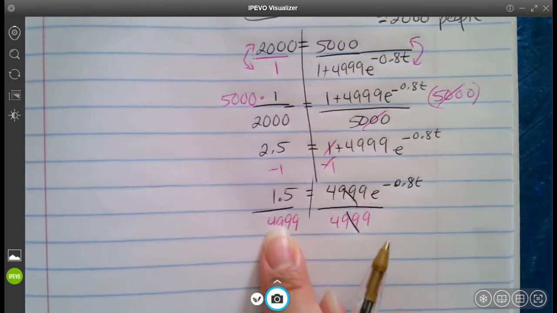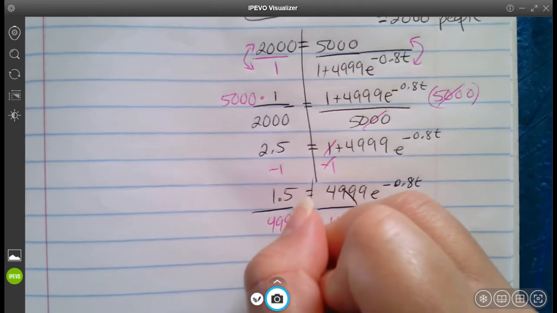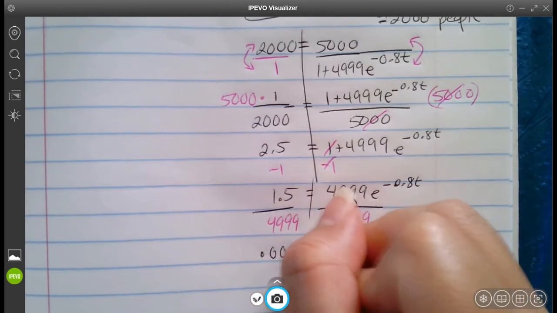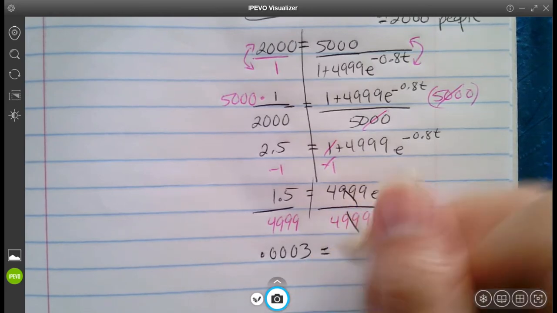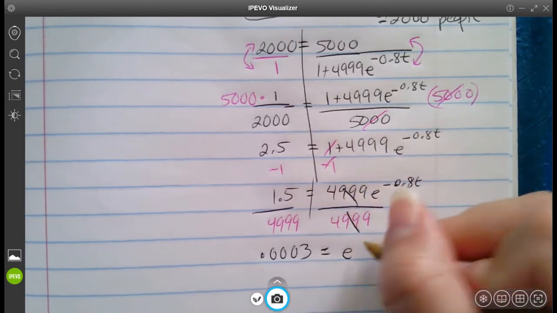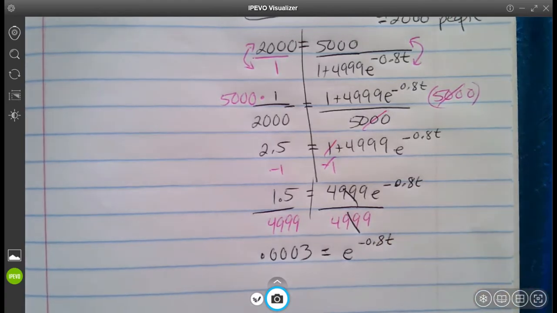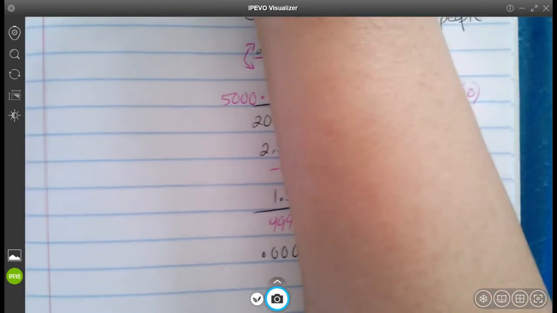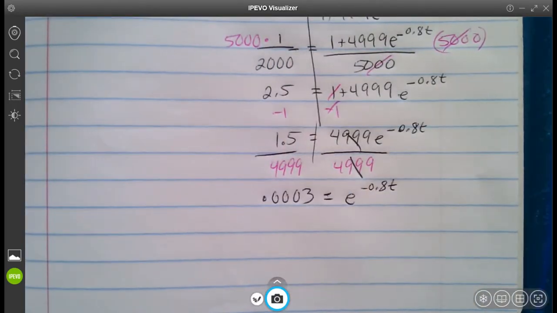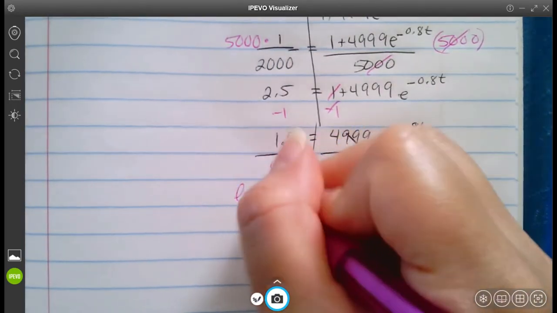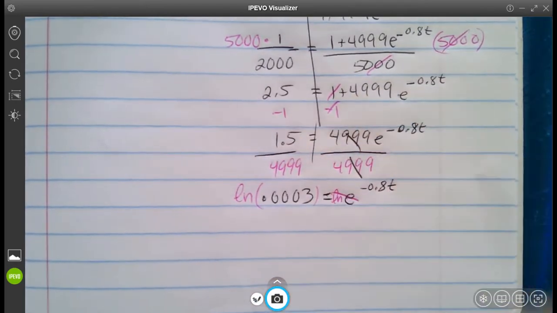Okay, and this is going to give me approximately 0.0003, 3 zeros, equals e to the power of negative 0.8 t. Okay, and then from here, all I got to do is take the ln of both sides to get rid of that e for me.